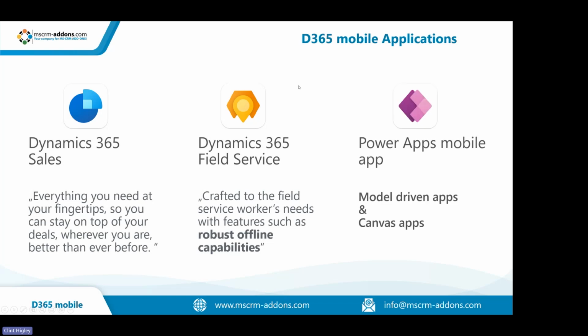Last but not least is your Power Apps mobile app. Your Power Apps mobile app is kind of like the catch-all, right? You're able to do everything that you can do in CE, and it shows every CE model-driven or canvas-built Power App. So you can use your Sales, you can use Field Service in there.